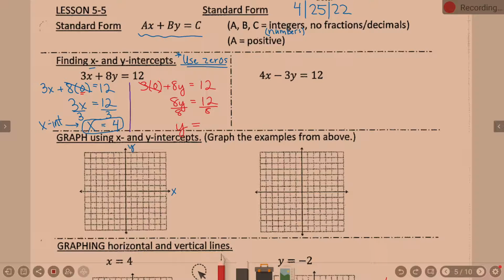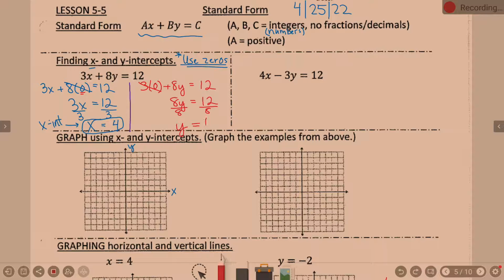Well, it's not a whole number, so I don't blame you for grabbing the calculator. 12 over 8 could work, but it's not reduced. It would reduce to 3 halves, which is equivalent to 1.5.